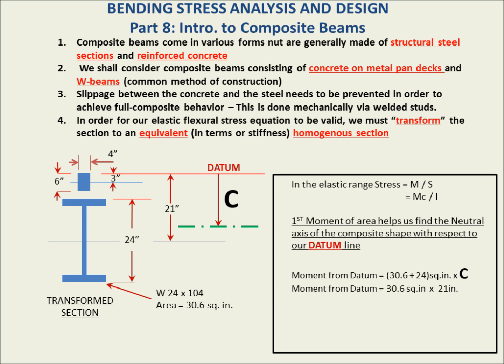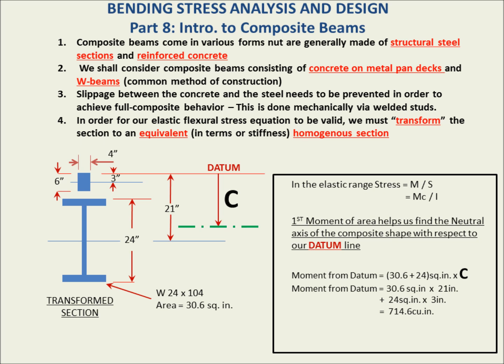So we say 30.6 square inches, the area of the wide flange beam, times 21 inches, the distance from the datum line to the center of the wide flange beam, plus 24 square inches, the area of the rectangle, multiplied by 3, the distance from the datum to the center of the rectangle, is equal to 714.6 cubic inches. 714.6 cubic inches is the moment of area of the composite area relative to the datum line.